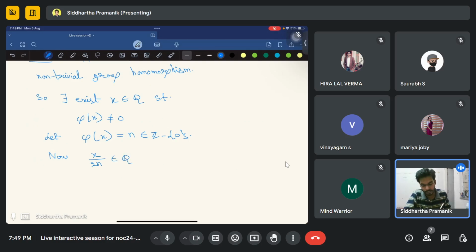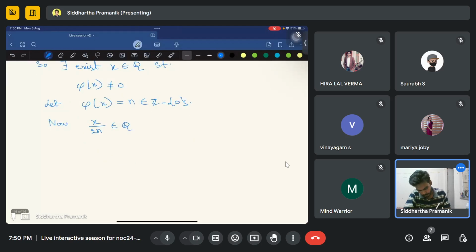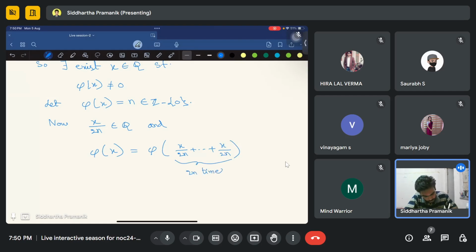So what will be the image of this rational number? We can add x by 2n, 2n times, and that will give you x.